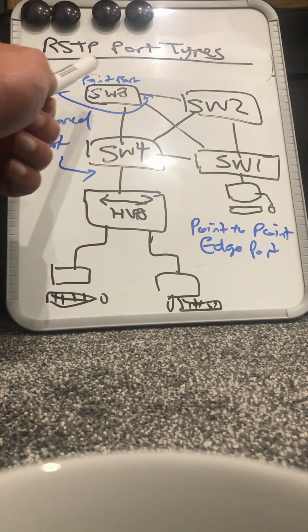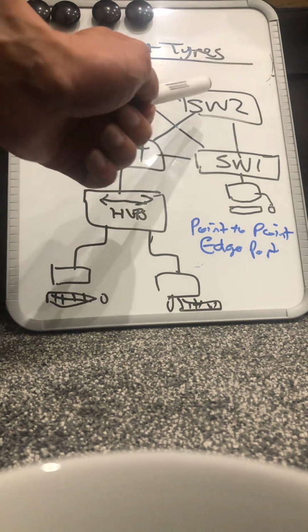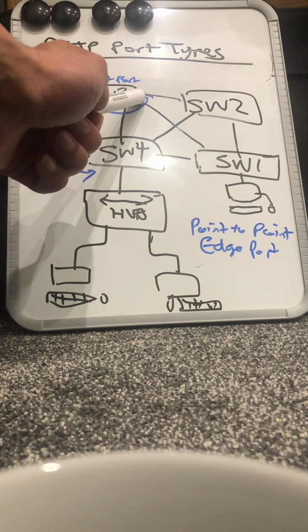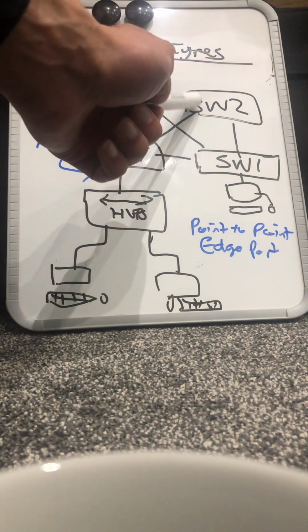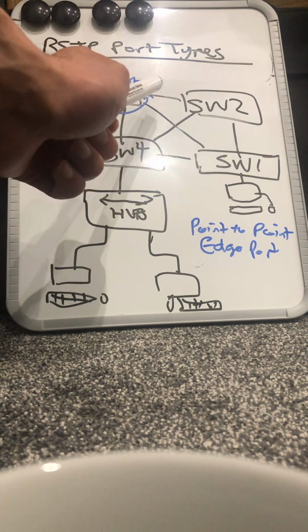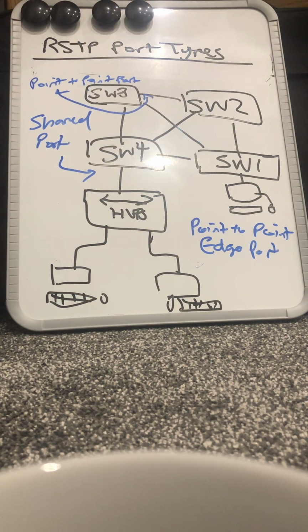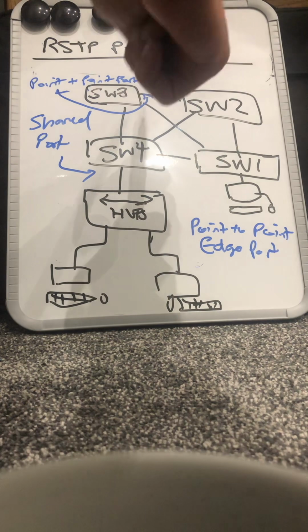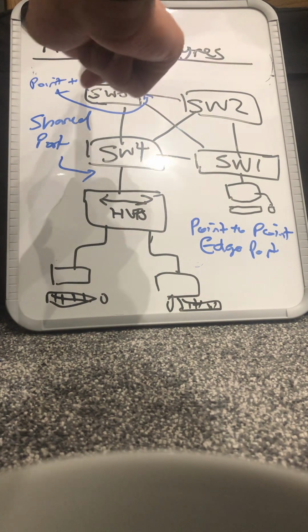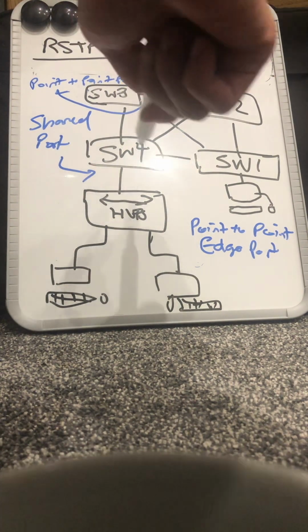The point-to-point port, the difference is this is a connection between two switches. So this port here is a connection with that port. That's a point-to-point port here. This is also a point-to-point port. So it's not just this port on the end of switch 3 here, it's also the one on the end on switch 2. That is also a point-to-point port.